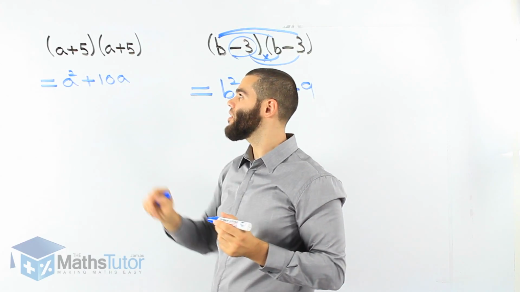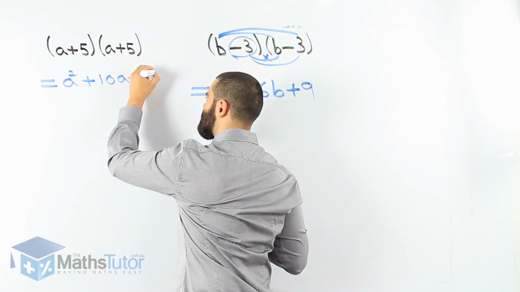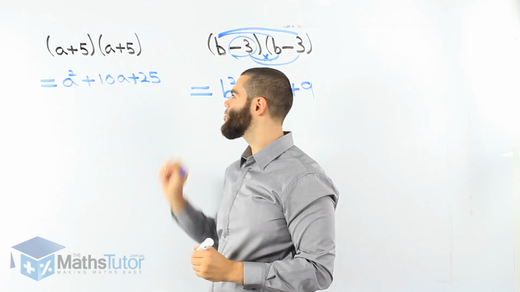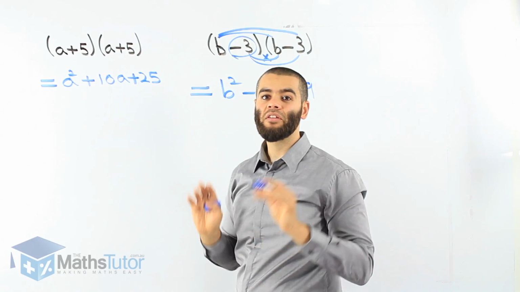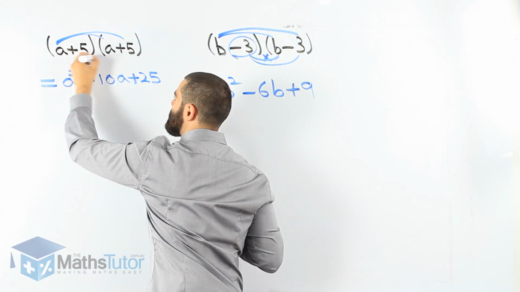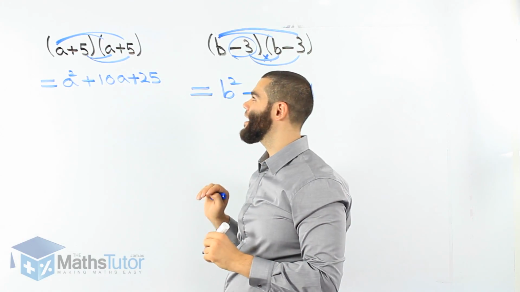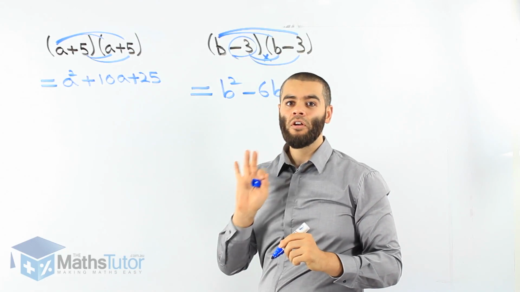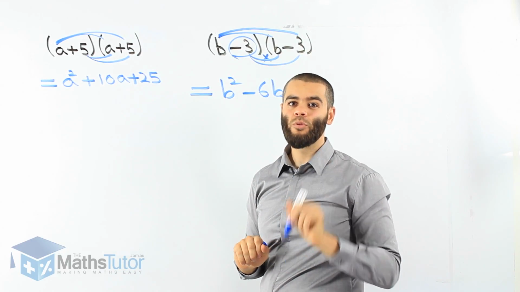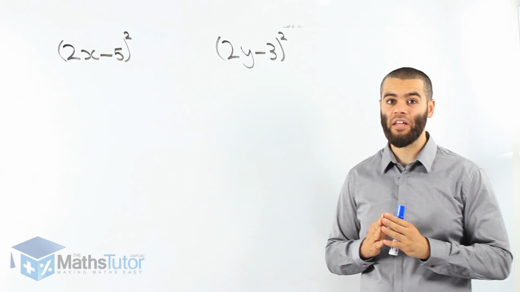Here it's positive 5, so 5 squared is 25. a squared plus 10a plus 25. It's exactly the same as doing it the old-fashioned way, but this is quicker and more efficient, takes less time and less effort. You just need to know the 3 steps. Let's do 2 more examples, our last 2 examples for perfect squares.